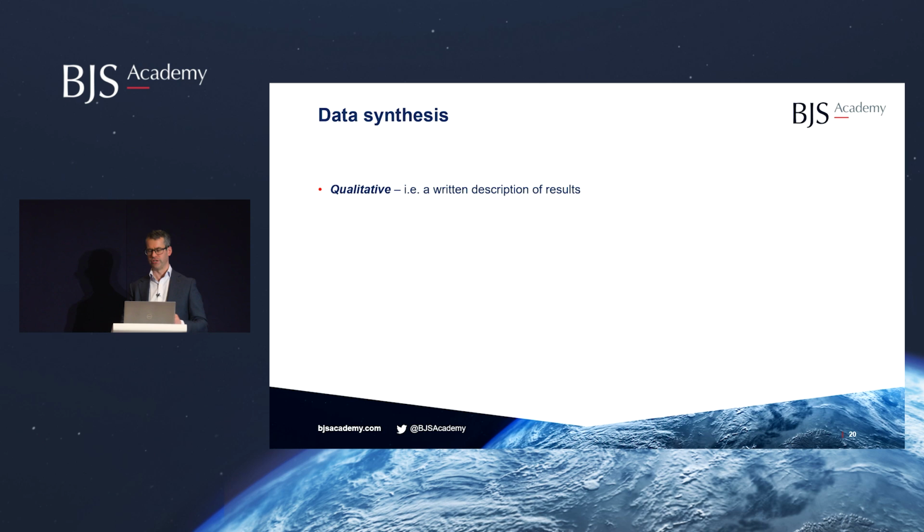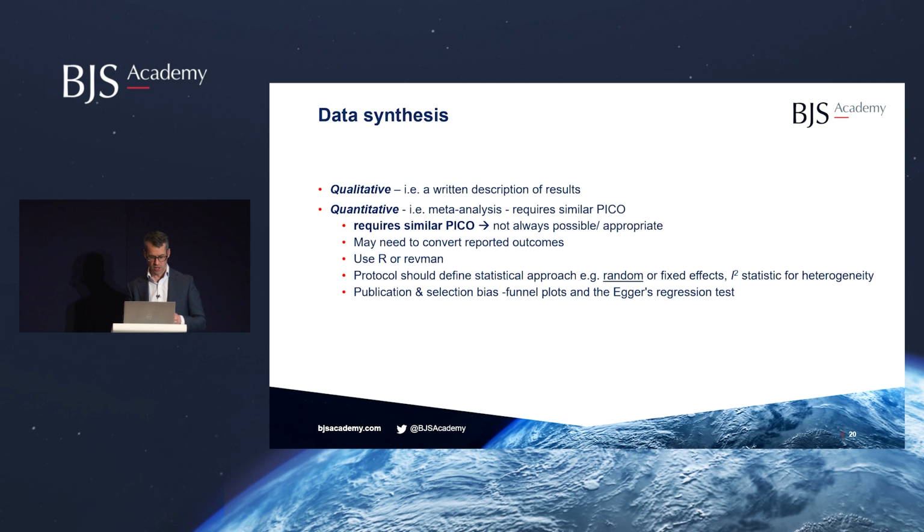So a written description of the results, your appraisal, your professional judgment of the results as they stand. And you can still tabulate things, but you're not putting those results together. And you can't always put those results together, because this is the real world and these are human studies, and not everyone adheres to the core outcome set.